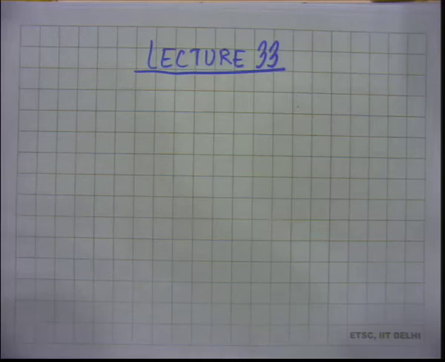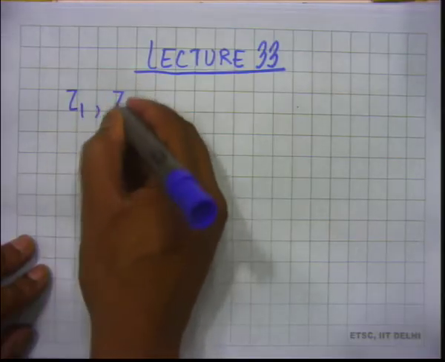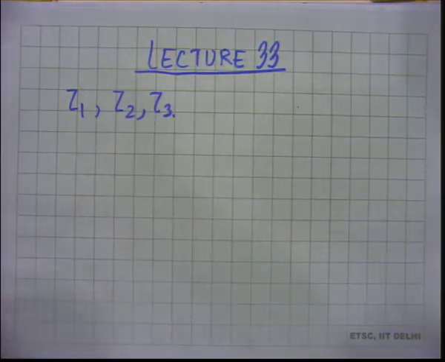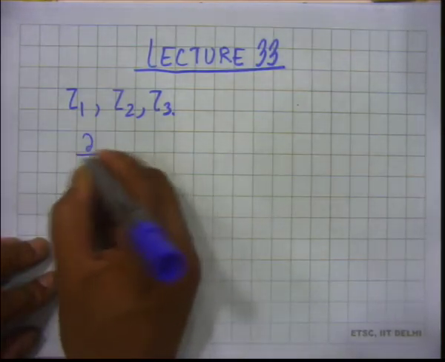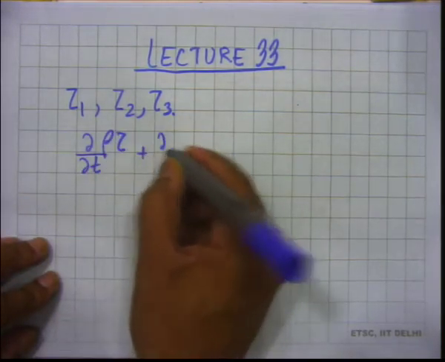This is lecture 33 and we were working with these variables in the last class, Z1, Z2 and Z3. And remember that all of them satisfy equations in the form of this.